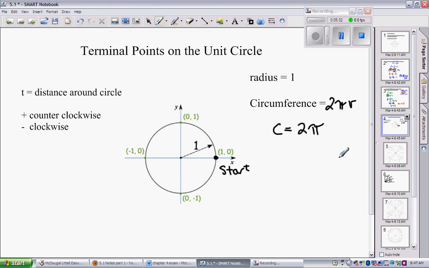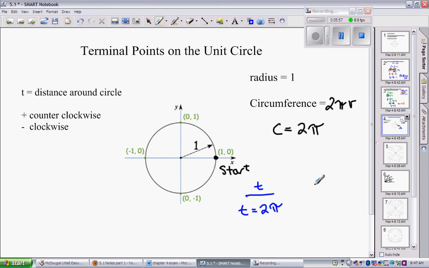So if we wanted to go a distance of 2 pi, we're at (1, 0). We're going around. We're halfway there. 3/4 of the way there. And now we are back.